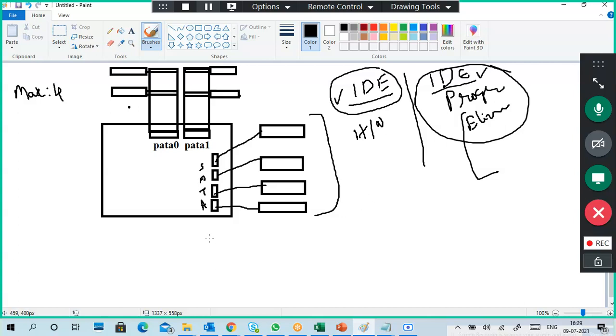Even in basic computer technology, if you are writing an exam, the IDE abbreviation has two meanings: integrated development environment, and integrated drive electronics. Development environment for programming purposes, drive electronics for interfacing disk drives.